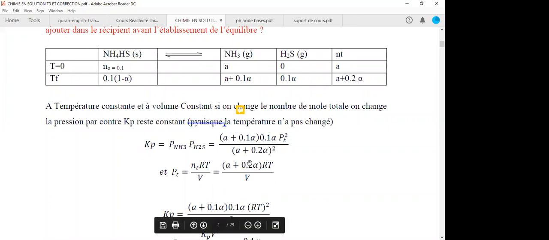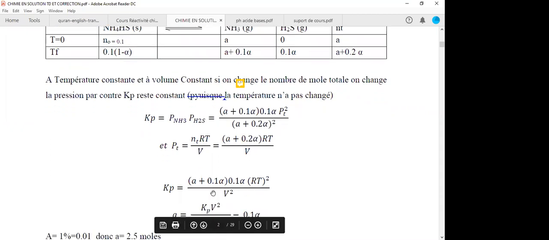So from this now, where there is P total, I will have open bracket R plus 0.2 alpha close bracket squared times R squared times T squared divided by volume squared. Since here I have R plus 0.2 alpha in bracket squared, and down I have R plus 0.2 alpha in bracket squared, it will cancel. So this will cancel with this when it is squared here. And I'm only going to remain with this one.